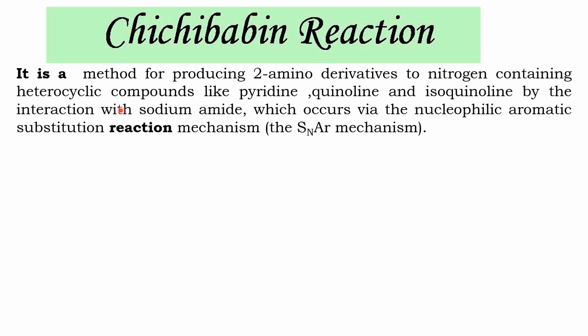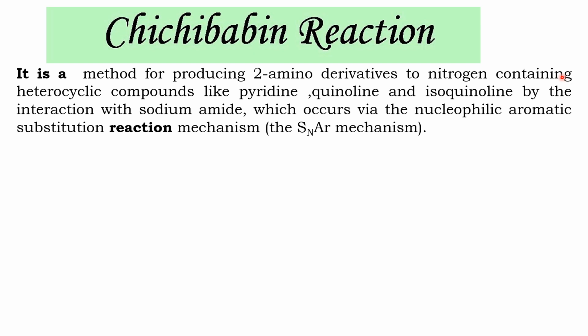So in Chichibabin reaction, amino group is introduced to the second position of a heterocyclic compound having nitrogen atom. This reaction is called Chichibabin reaction and it is usually used to introduce amino group to pyridine, quinoline or isoquinoline type compounds.